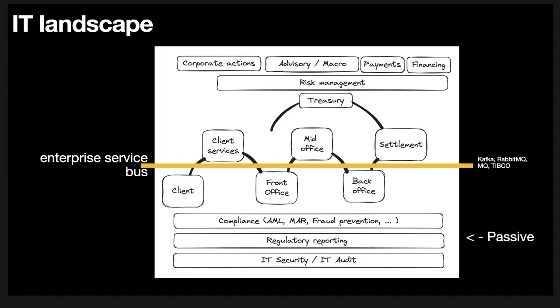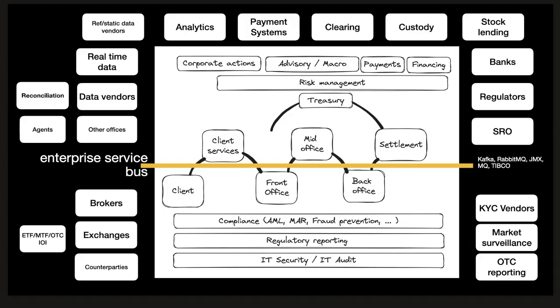And the most interesting part here is that these applications or systems are not standalone. They do have a lot of integrations to external services, which are necessary to have. In general, the exposure to external services is very, very high in financial institutions. So let's add them.